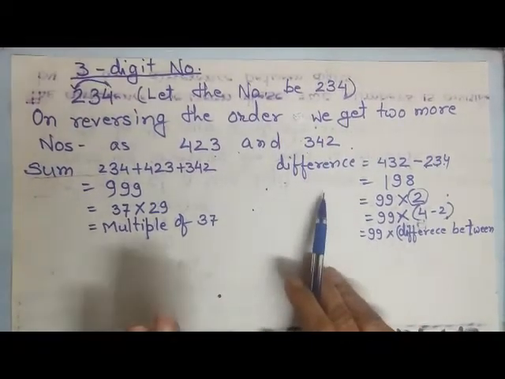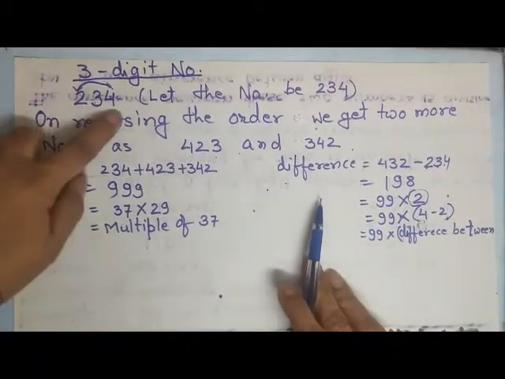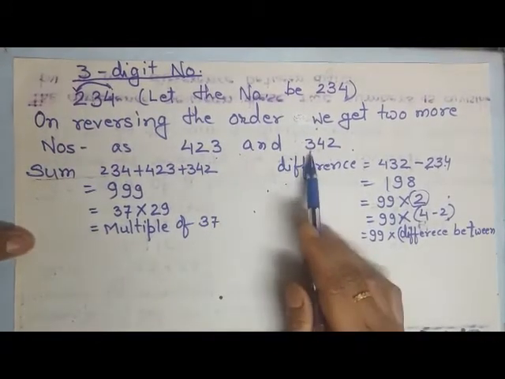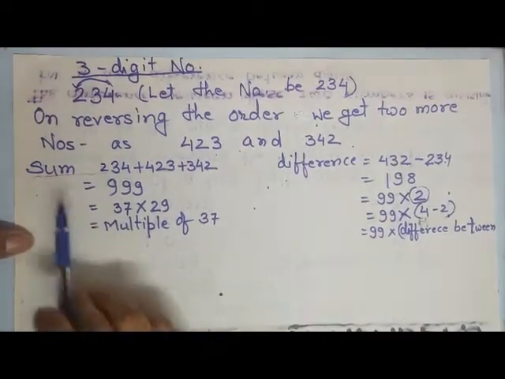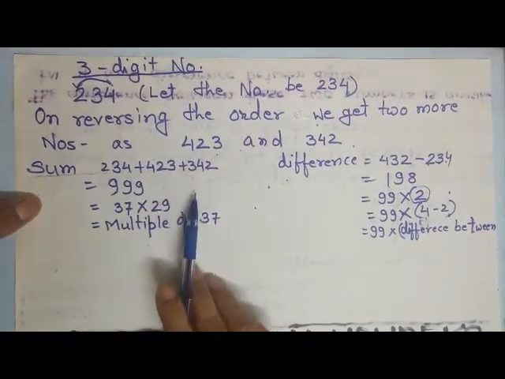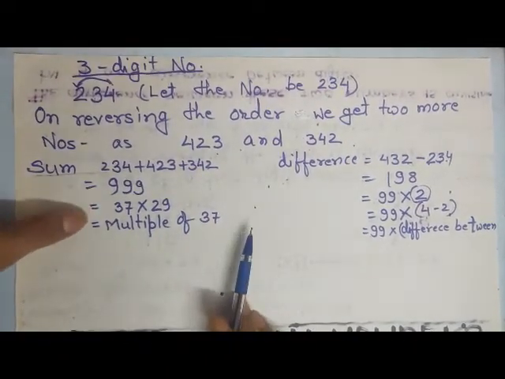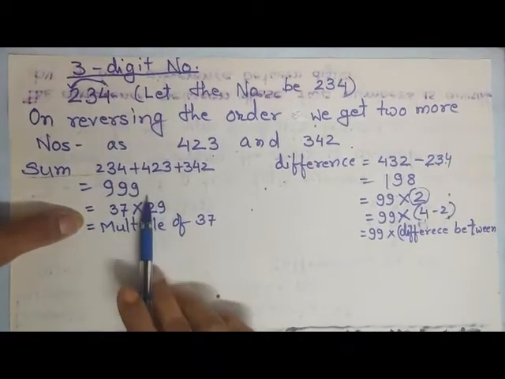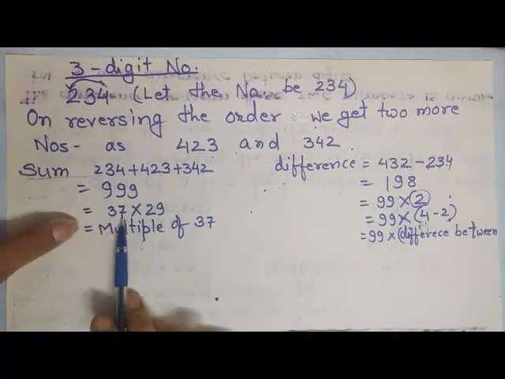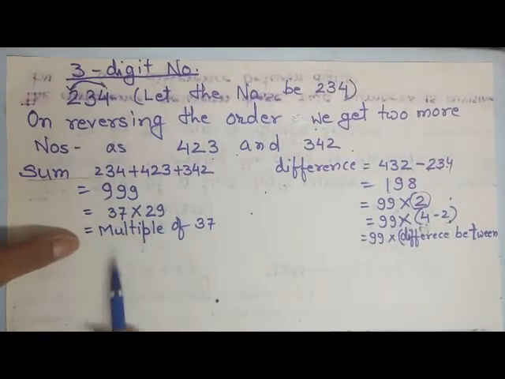So we have three numbers: 234, 423 and 342. Now let us get their sum. Their sum gives 999. This sum is the product of 37 and 27.